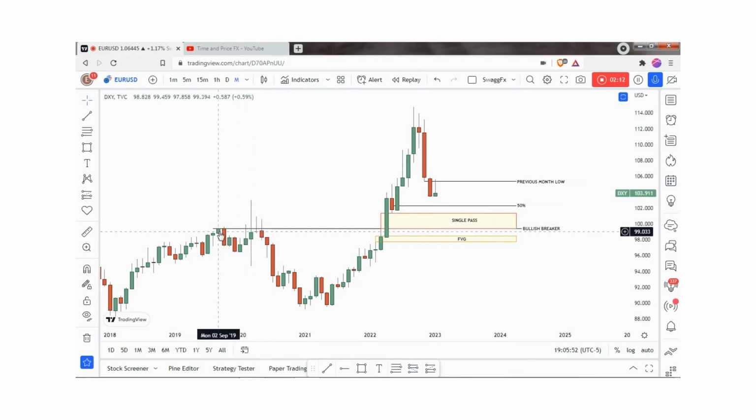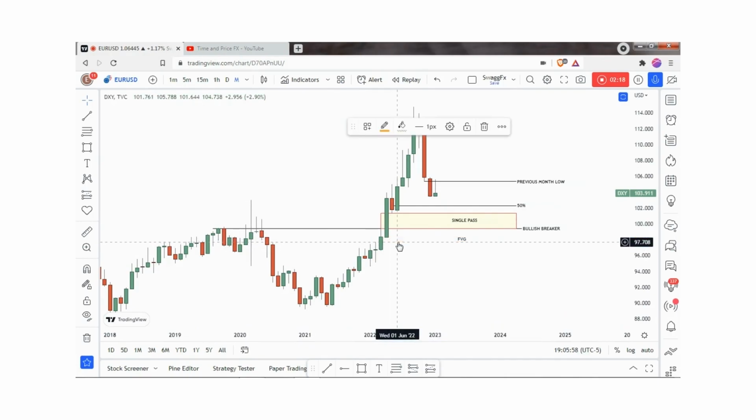I've marked this out as my bullish breaker, and there's also a small FVG here. Let me take this out so that you can see the FVG I'm talking about. Between this candle's high and this candle's low, there's this small fair value gap that you can see here.